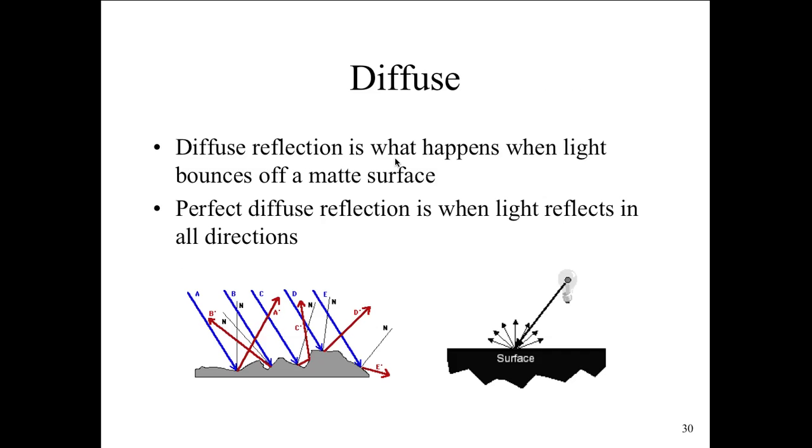So diffuse reflection is what happens when the light bounces off a matte surface. How do we know the surface is matte? We're creating the illusion of the matte surface when we apply the diffuse light to it. Perfect diffuse reflection is when the light reflects in all directions. So we don't have a shininess, we don't have a single point.